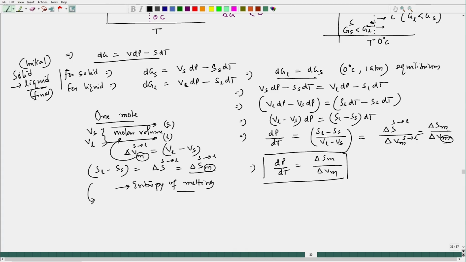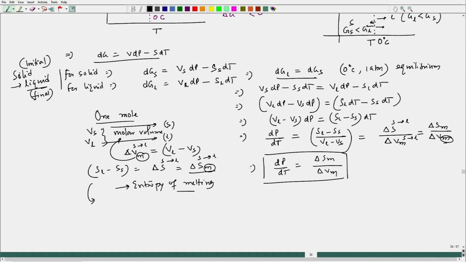And enthalpy of melting can be found out by a DSC method, which is called differential scanning calorimetry. If we perform that, we can actually calculate that value, and that value is basically a first order function. Okay. So, now delta S m equal to delta H m divided by T m. T m is the melting point.